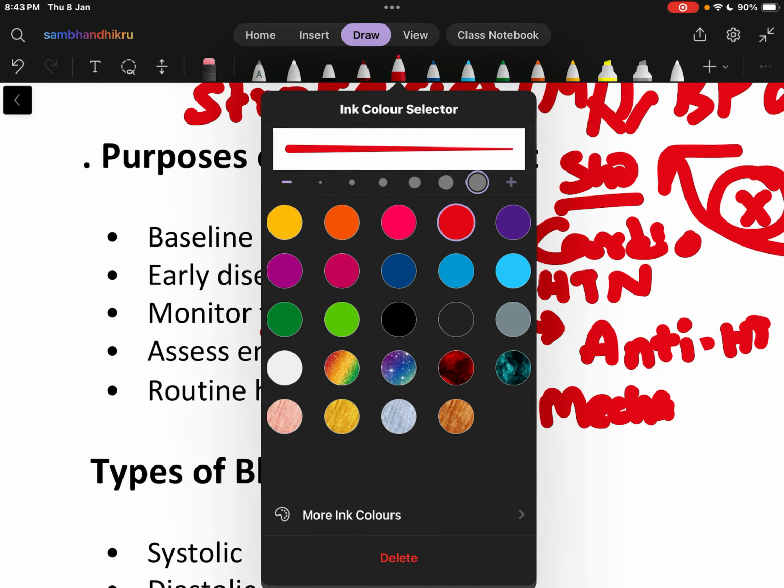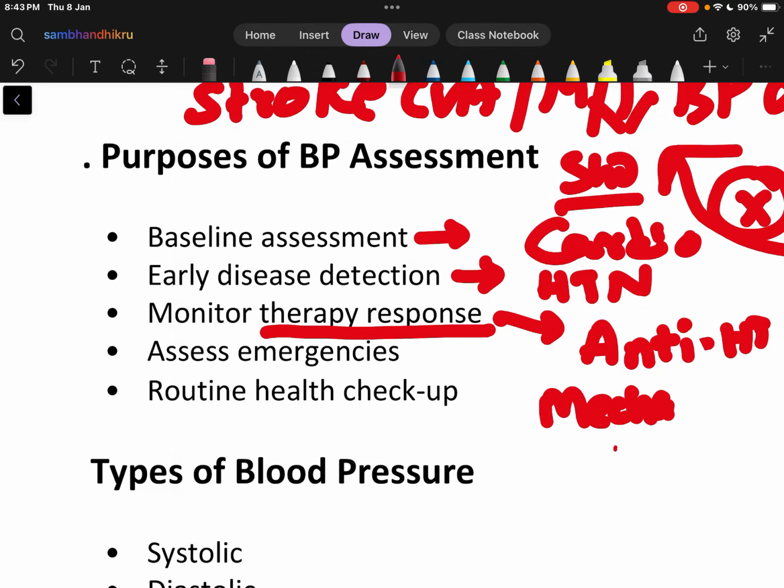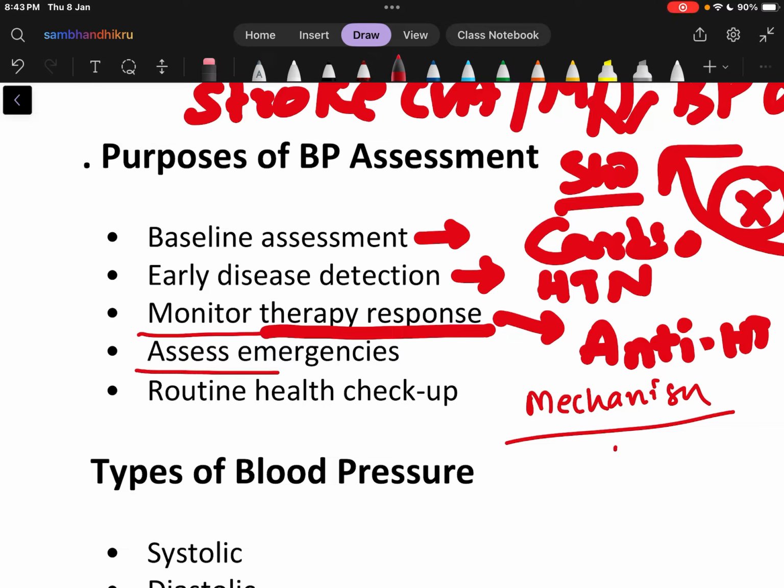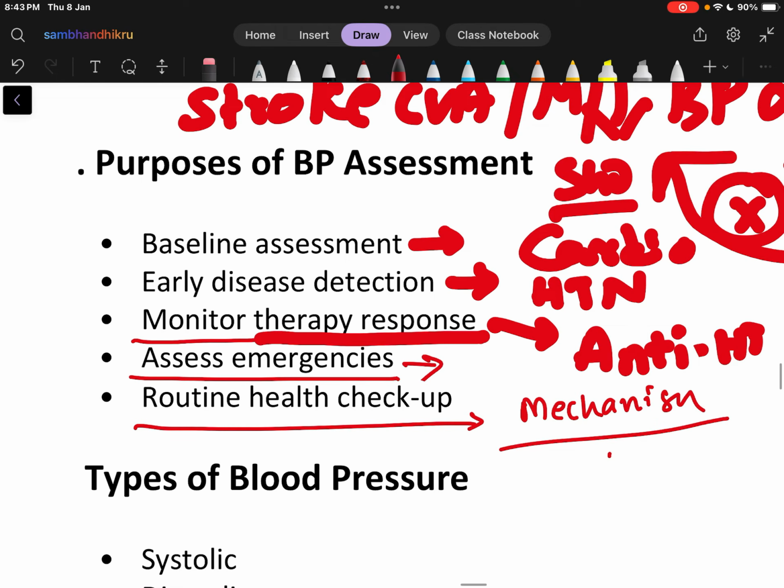That is known by monitoring the BP. Also assessing emergencies and routine health checkups. So these are the purposes of BP.